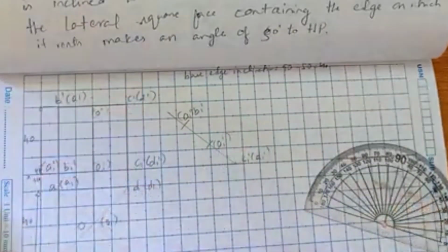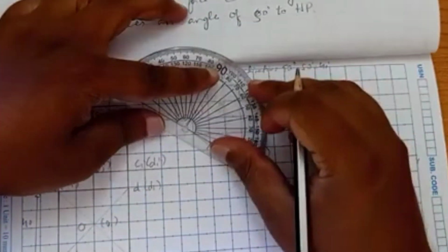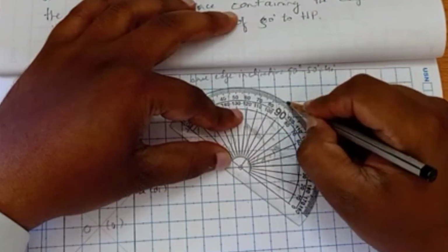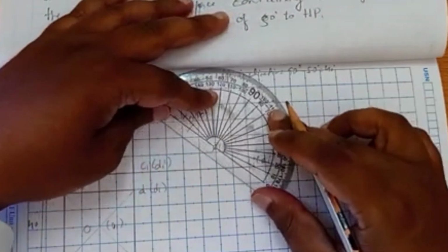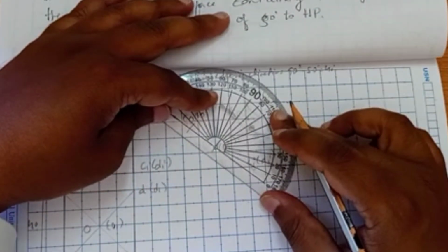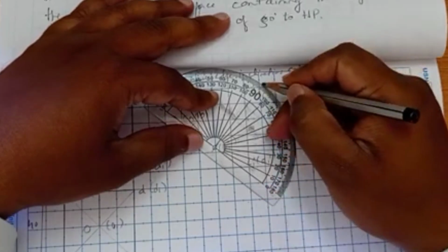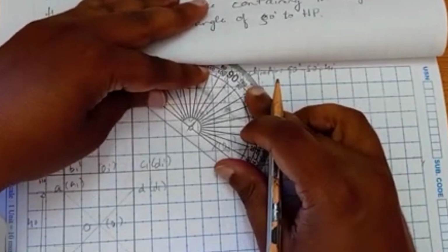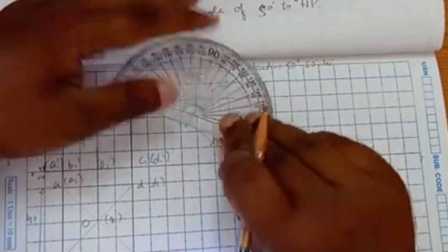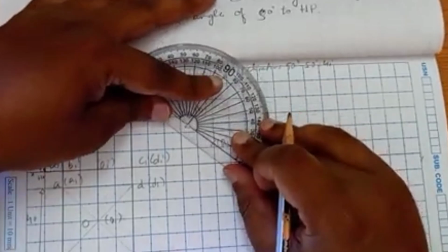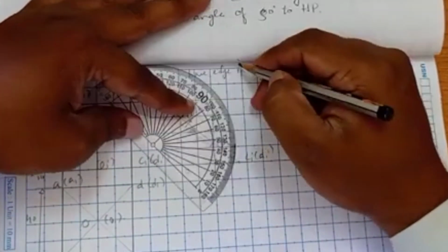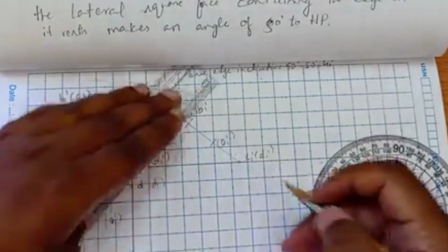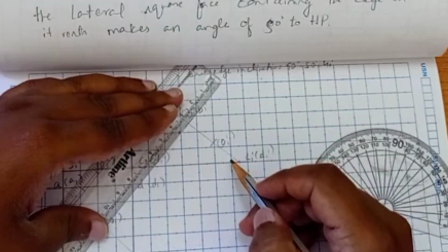Okay. Now we will be marking at 90 degrees. So we have to draw a line of length 40 here.